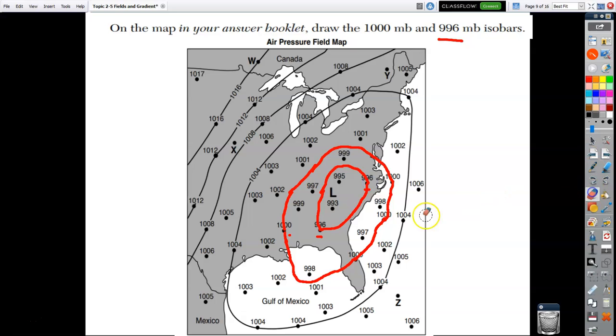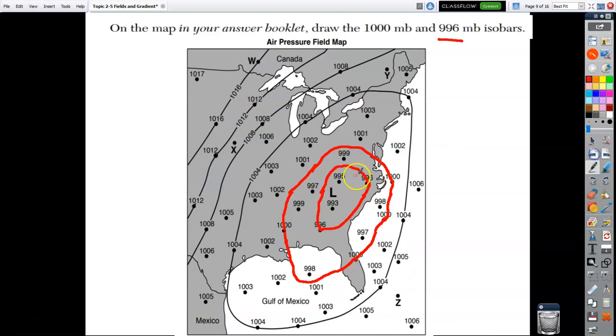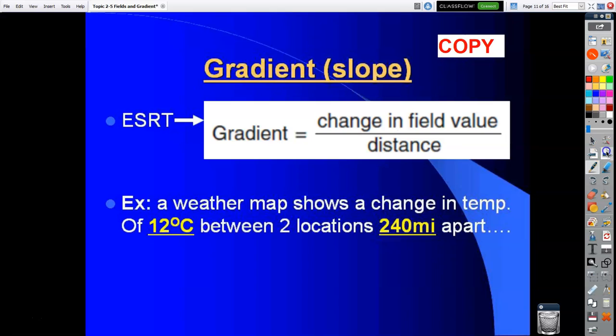And then again, I take my eraser, get rid of those little stray marks, fix my line because I'm using pencil, and I have my 2 isobars. And I think I gave the answer key here. Yep. So if you look at where mine is and go back, it looks the same. This one here was the 1000, and there's the 1000 line there. So that's how you would do those isobars.